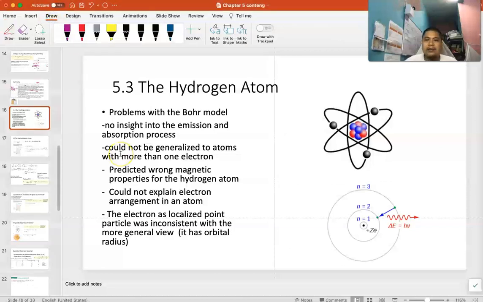Okay, now kita go to how we can understand the hydrogen atom. However, in this chapter, we will skip so many details about the mathematical analysis, but we just take the meaning of every step.